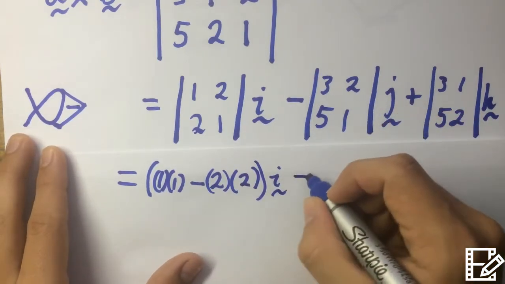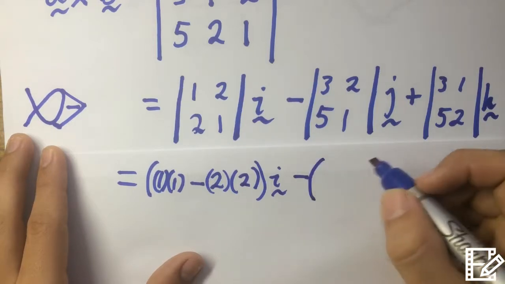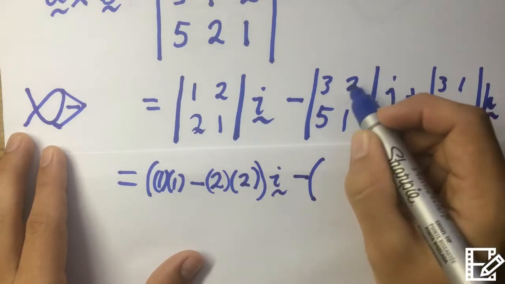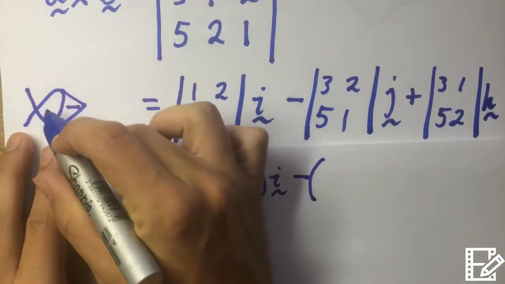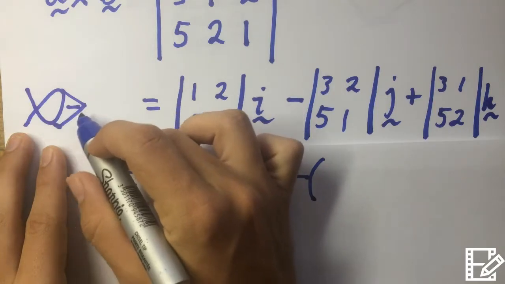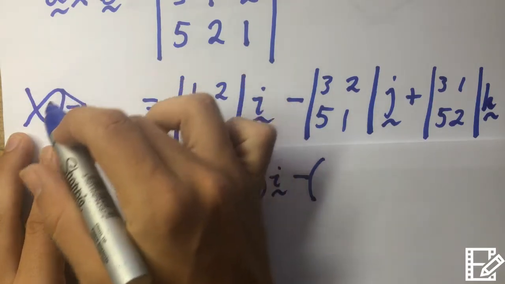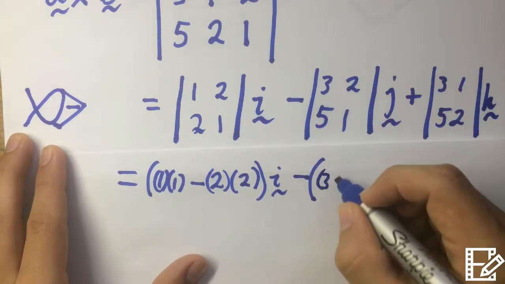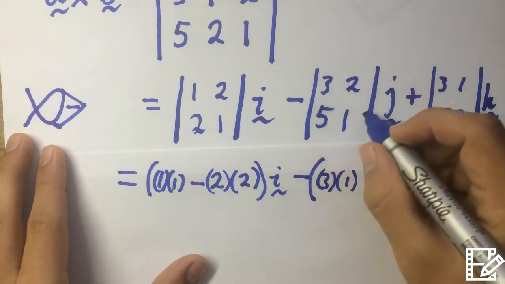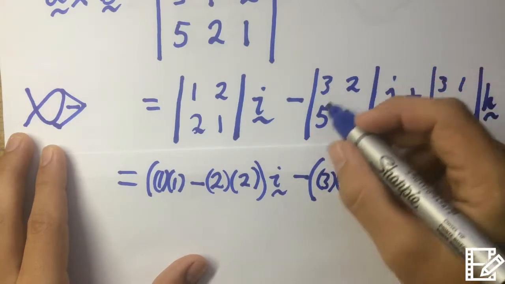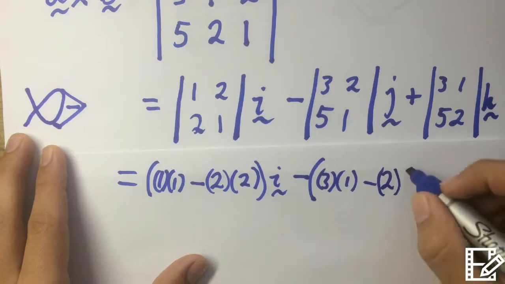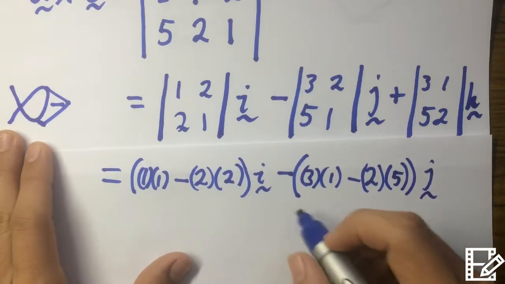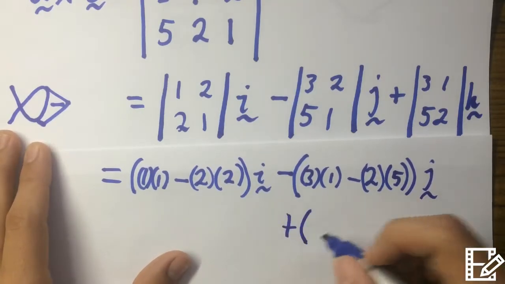Now for your J, you start with the negative J direction. 3 times 1, take 2 times 5, like the fish: top left down to bottom right, minus the top right multiplied by the bottom left. So 3 times 1 minus 2 times 5. It's a J. I won't fit the K, so I'll put it down here, plus whatever you get for the K component.